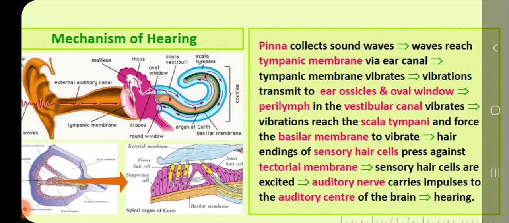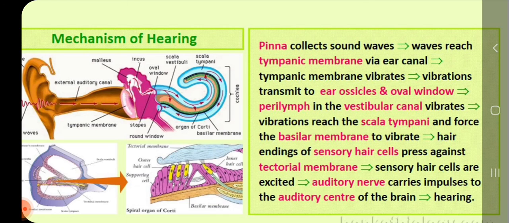When the ripples are formed on the basilar membrane, the hair cells show movements. The hair cells are going to bend.